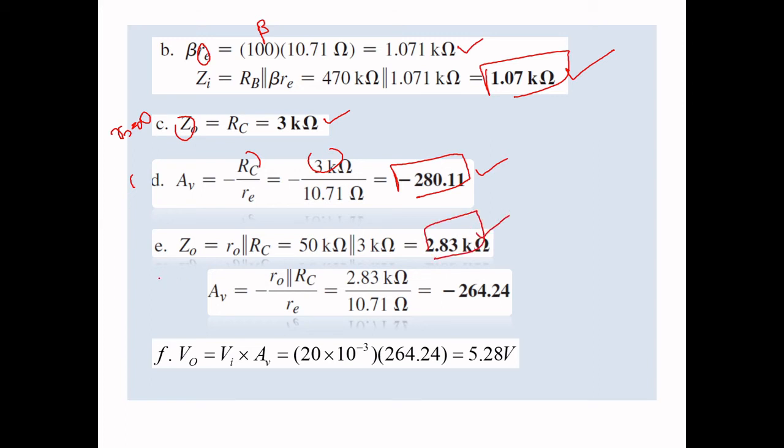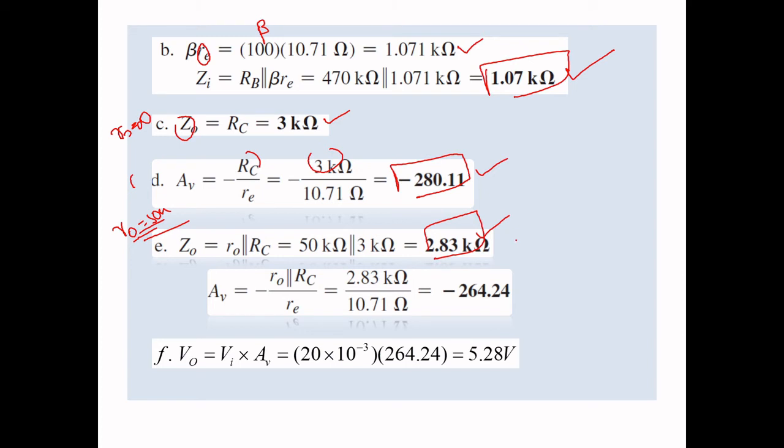Next, in part E, they said you have to do C and D by including R naught as 50 kilo ohm. The same parameters you calculate by including your output impedance. The earlier one is an approximation, this is an exact calculation.